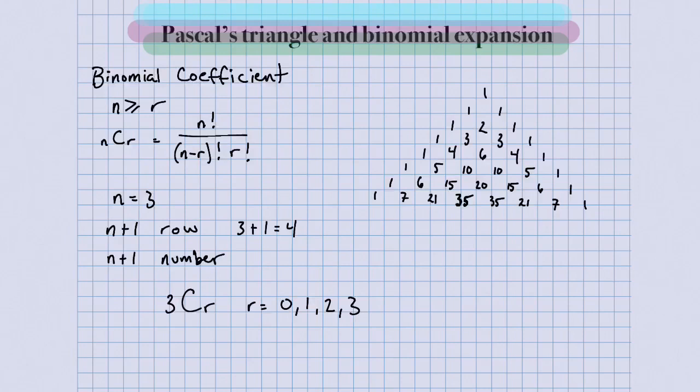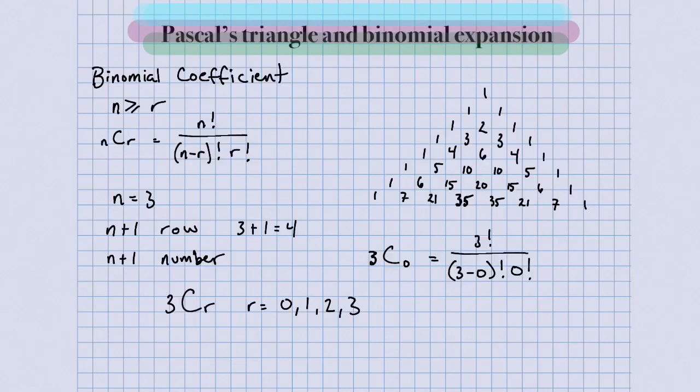Okay, pretty simple. We're just going to plug these numbers into our formula. So let's try the first one. Let's say 3 choose 0. Okay, 3 choose 0. So that's going to be 3 factorial divided by 3 minus 0 factorial times 0 factorial.